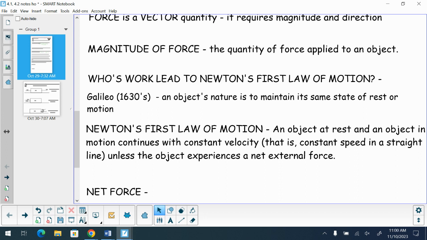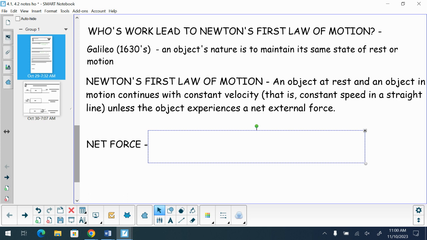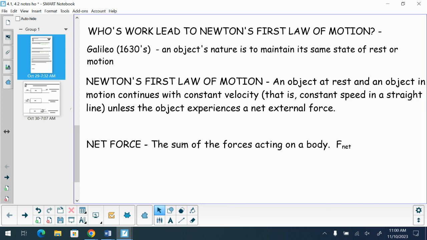But this is Newton's first law of motion. An object at rest and an object in motion continues at a constant velocity. A net force is the sum of the forces acting on a body.